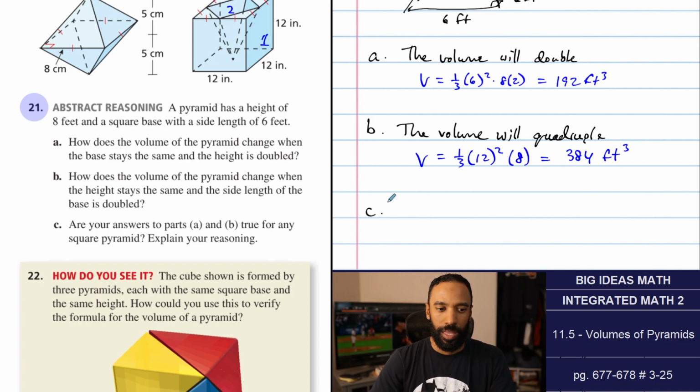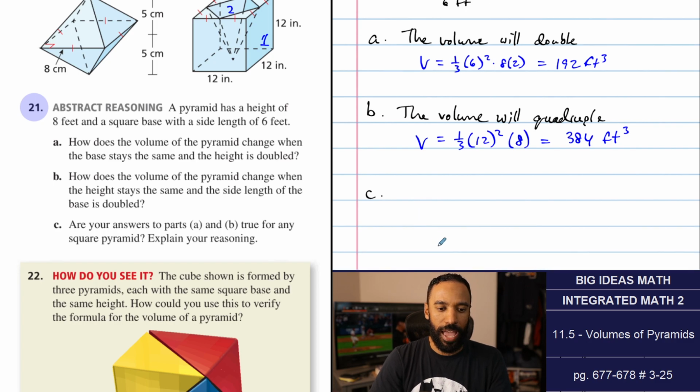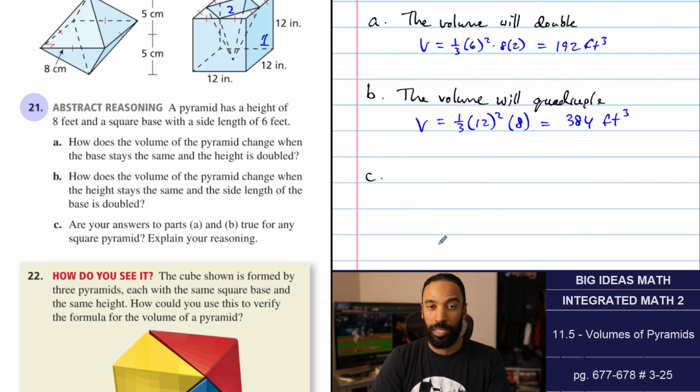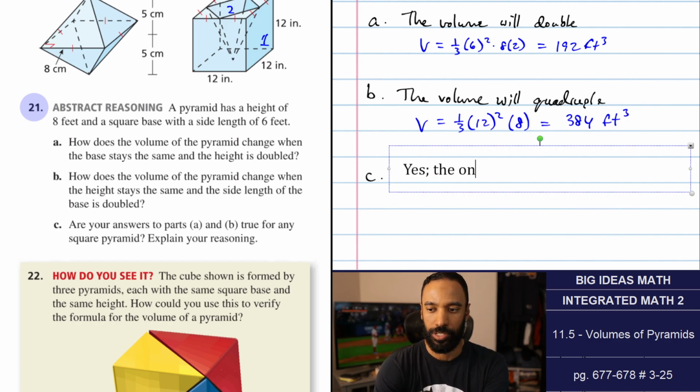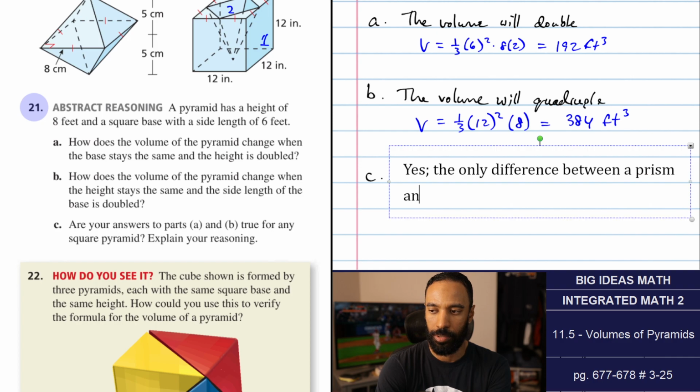Part C, are your answers to part A and part B true for any square pyramid? Explain your reasoning. Yes, because it's still three-dimensional aspects here. Yes, the only difference between a prism and pyramid is the 1/3 factor, which can be applied at any time.